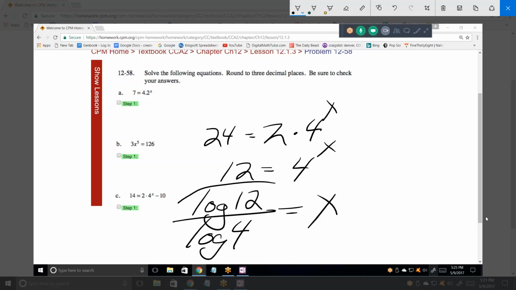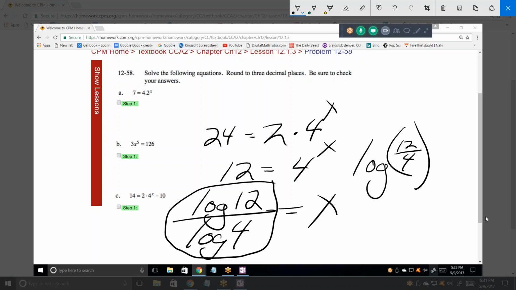Just in case you're wondering, that cannot be simplified. Those are not the rules of logs involving subtraction or division. It's only when the argument, if I had the log of, and the entire argument was that, then I could say that's equal to the log of 12 minus the log of 4.